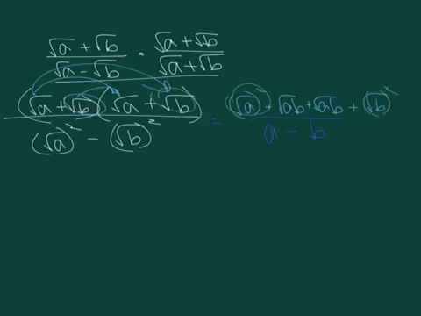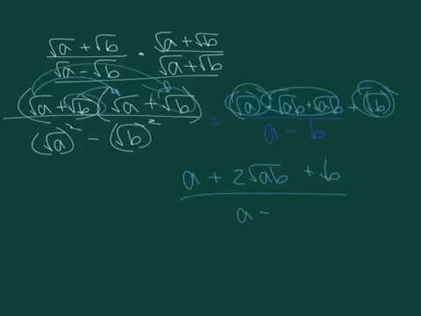Okay, so this becomes a. This becomes, how many of those do I have? I have 2 square root of ab's plus b over a minus b. And I'm happy with that. So that's example 9.